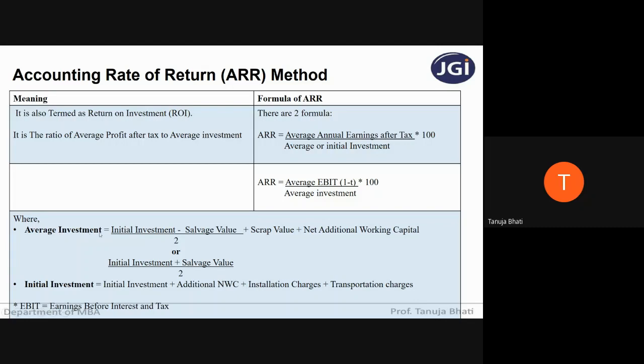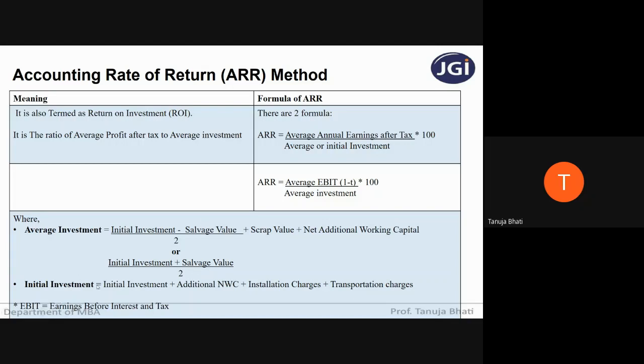So average investment is initial investment minus the salvage value plus the scrap value plus net additional working capital, divided by 2, or simply, average investment is initial investment plus salvage value divided by 2. Again, depending upon the information given in the problem, you can select the formula.